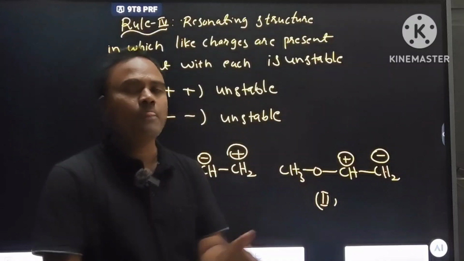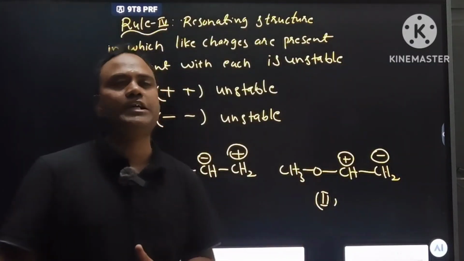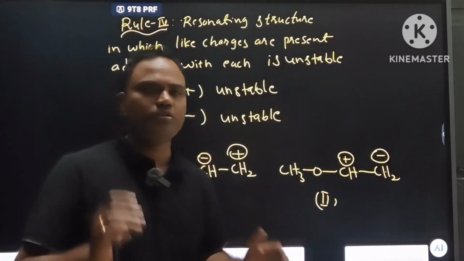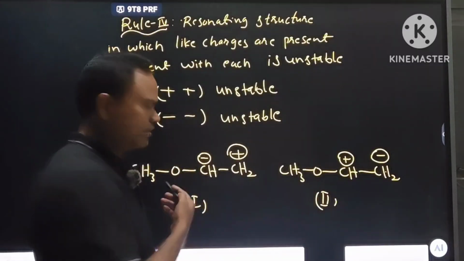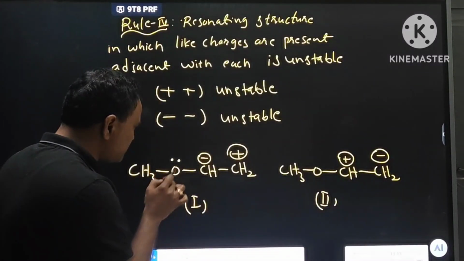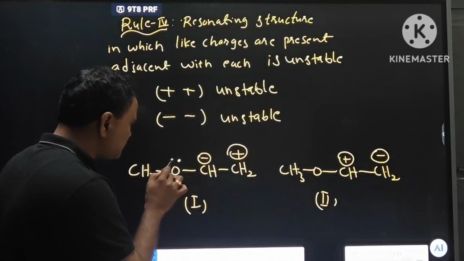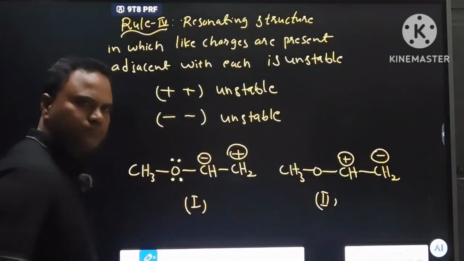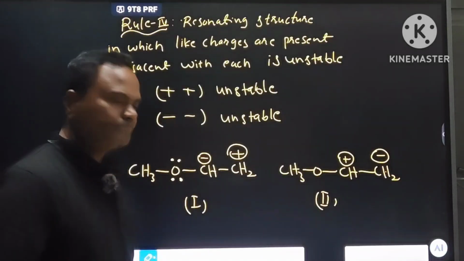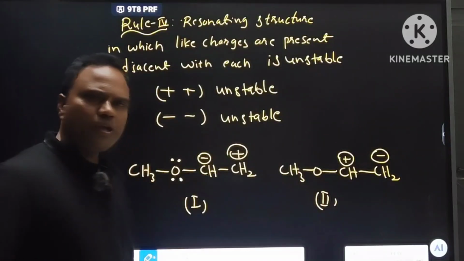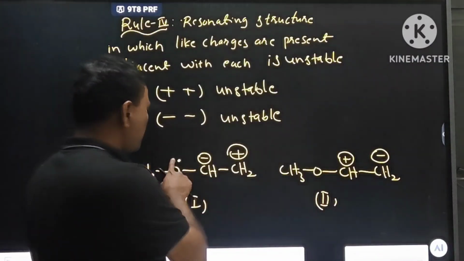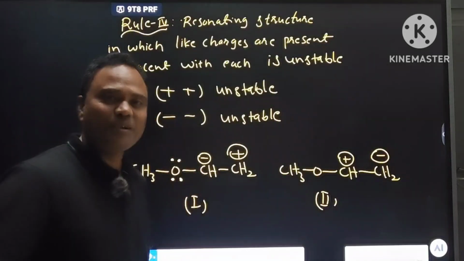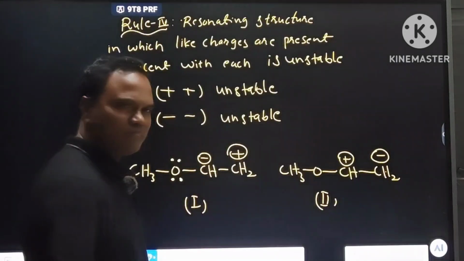What is that fourth rule? Like charges should not be present in adjacent positions. See this, where like charges are present. Oxygen is having lone pairs of electrons. Electron means which charge is present? Negative charge. Negative, negative repulsion. Clear?